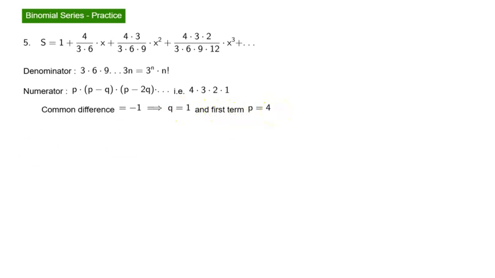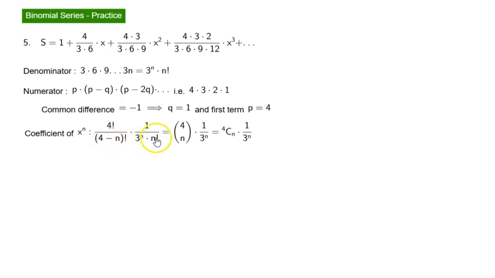So common difference equal to minus 1, which implies q is equal to 1 and first term p is equal to 4. So coefficient of x to the power of n is 4 factorial divided by 4 minus n factorial times 1 by 3 to the power of n times n factorial.